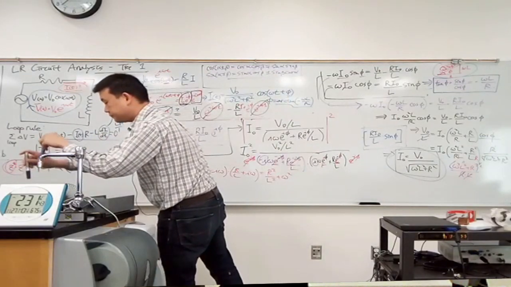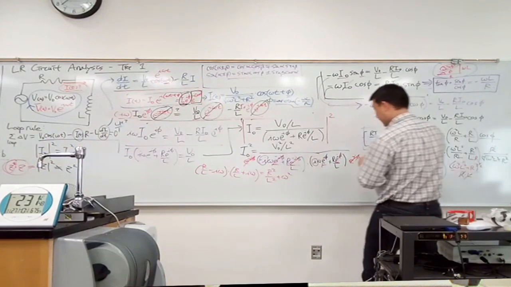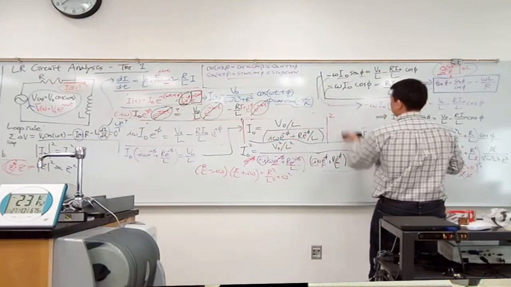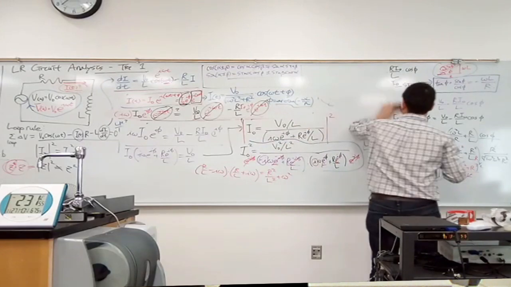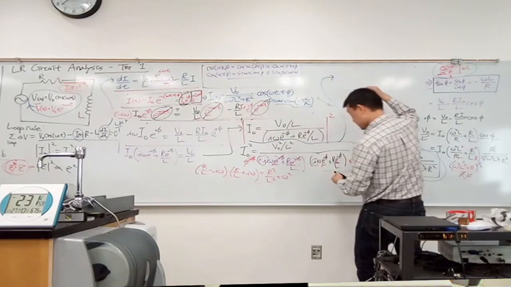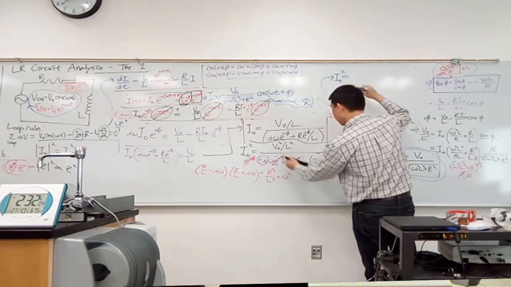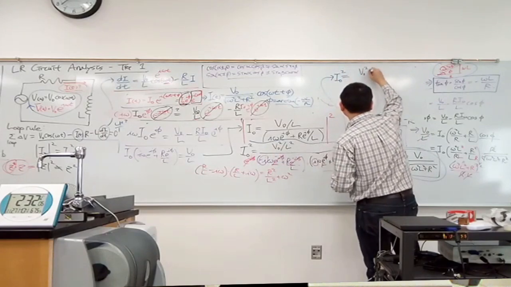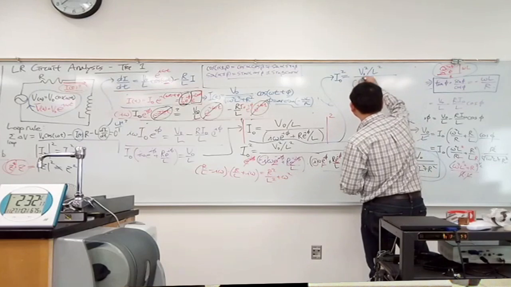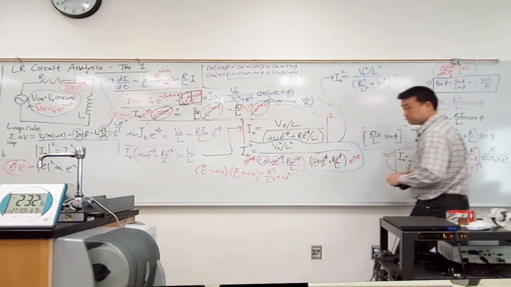Let me write that out here. I want to save the result here to refer to, but I can write down the simplified version of this up here. So the simplified version is I naught squared is equal to V naught squared over L squared over this thing here, R squared over L squared plus omega squared.